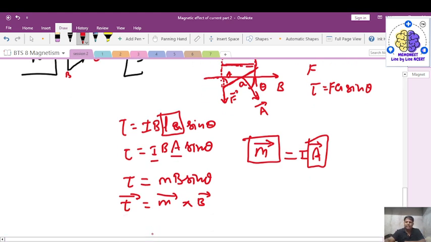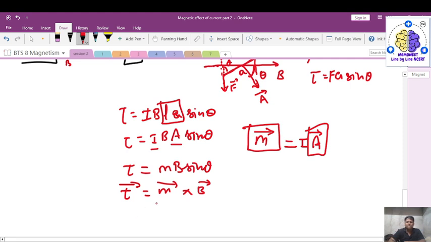So in the formula, tau is equal to MB sine theta, where theta is the angle between the magnetic dipole moment and the B vector. The magnetic dipole moment has a direction in the direction of the area, so theta will be the angle between the area vector and the magnetic field vector, right?